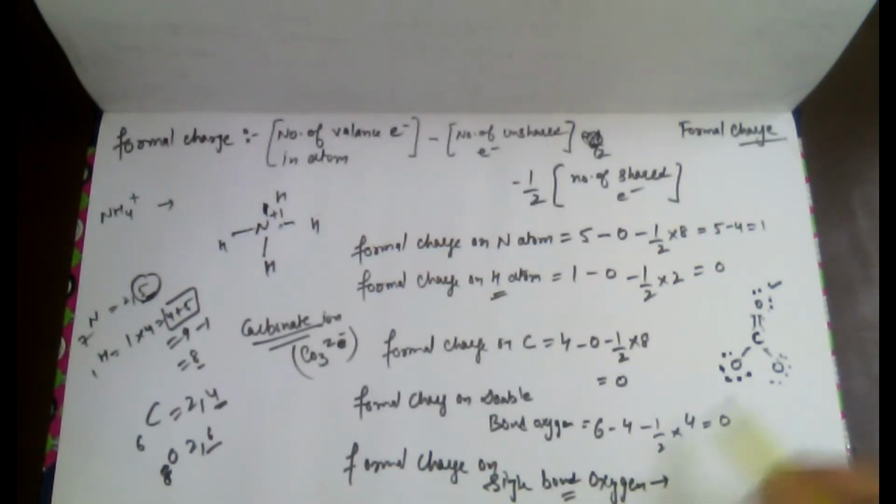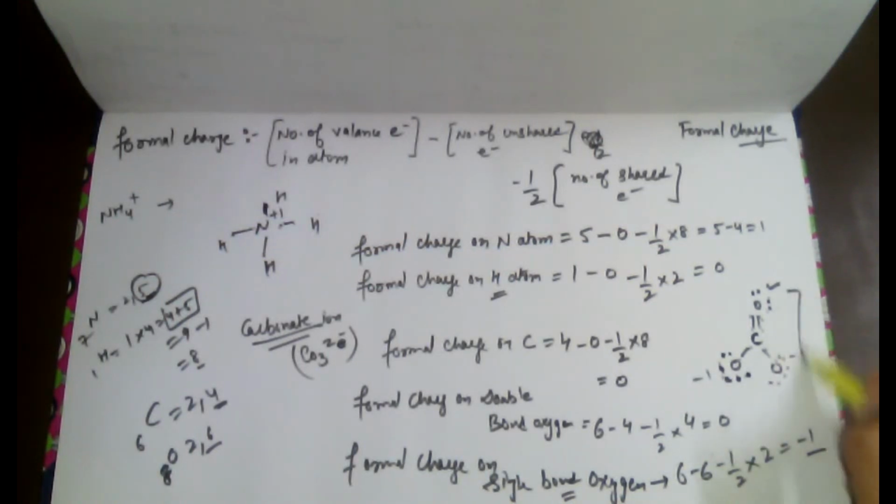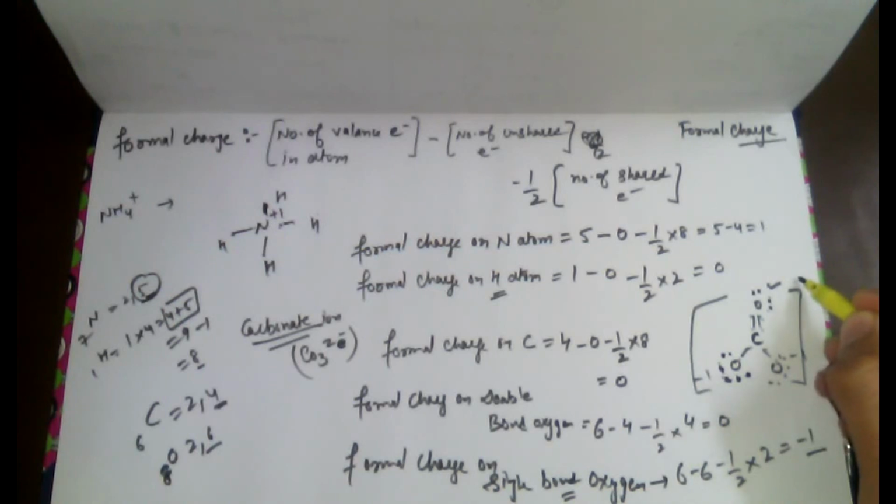So getting the charge of one oxygen means the other atom automatically has the same kind of charge. So 6 minus 6: unshared electrons are 6, valence electrons 6, minus half of 2, since the shared pair of electrons is 2, so the overall charge is minus 1. So here minus 1, minus 1, and the overall charge for this carbonate ion is minus 2.